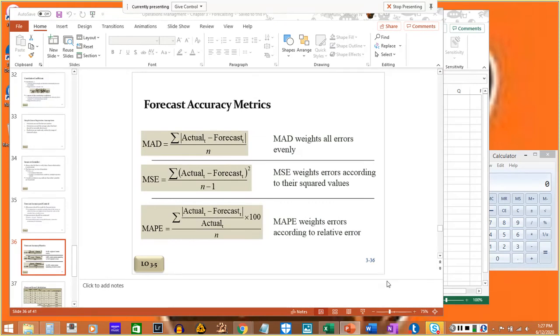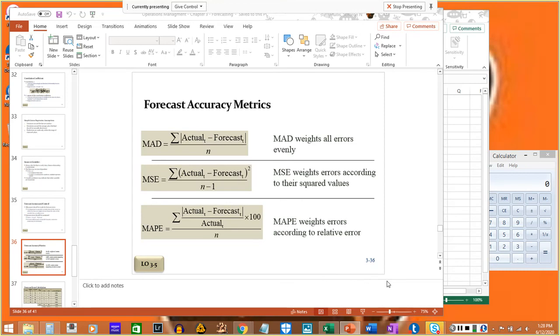Alright, so when you're doing forecasting, you always want to figure out how accurate the forecasting is, and you want to give yourself an allowance, or some type of level that you're comfortable with as far as what the forecast comes out to be.